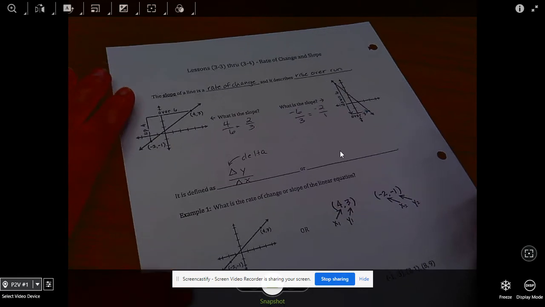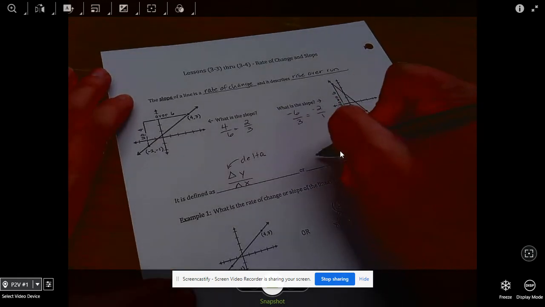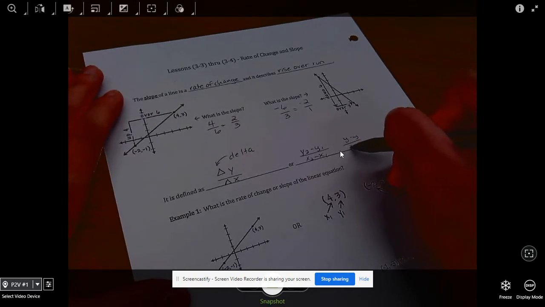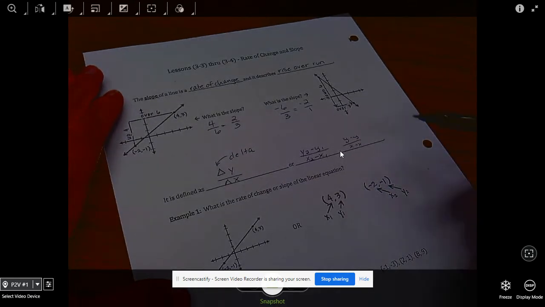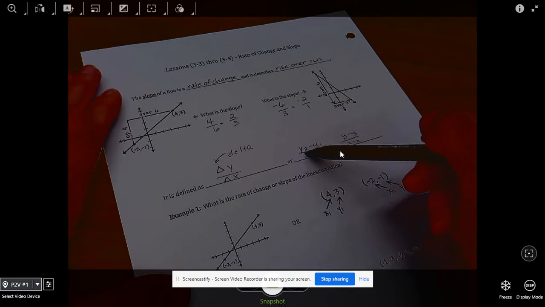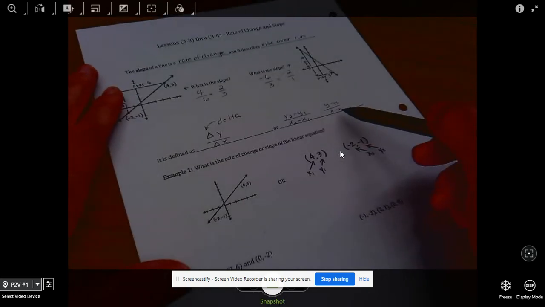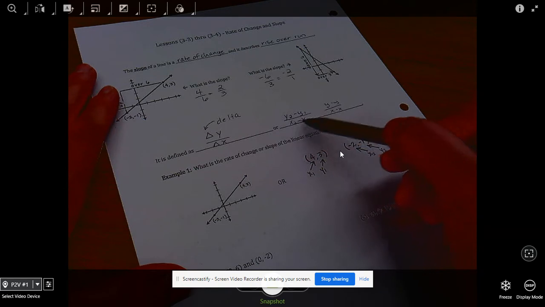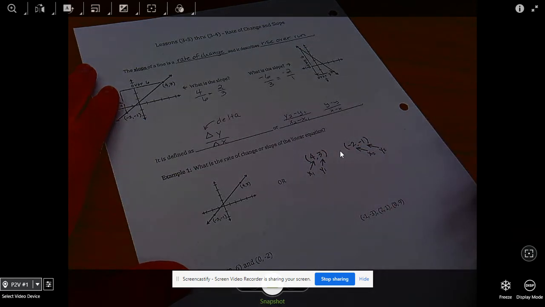So it is defined as delta y over delta x, or the differences between your y's over the differences between your x's. And so we don't want to just write y minus y over x minus x, because that means they're the same thing. So to make sure that we're talking about two different y's, we call one y1 and one y2. To make sure we're talking about two different x's, we say x2 and x1, or x1 and x2. Okay?